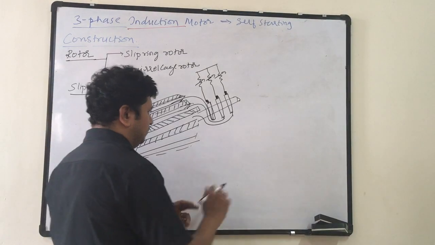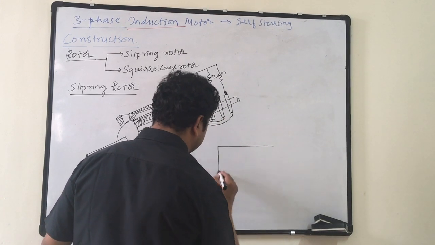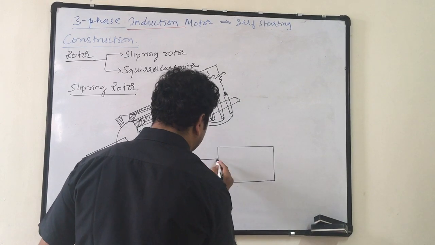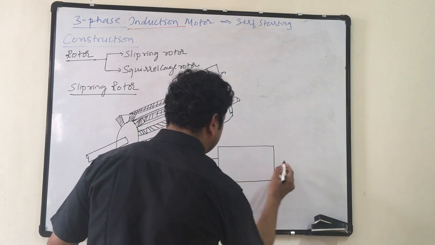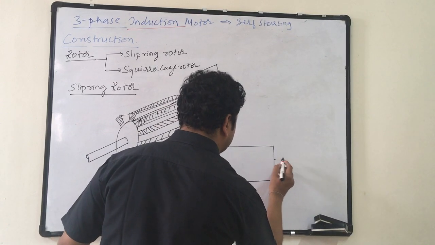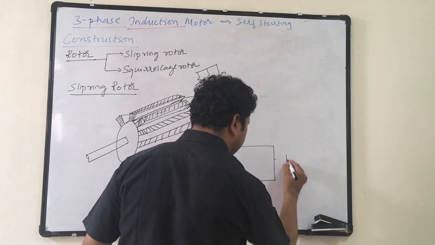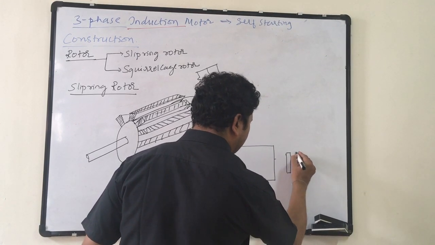So this is the slot, the shaft, and we have 3 slip rings made up of copper.